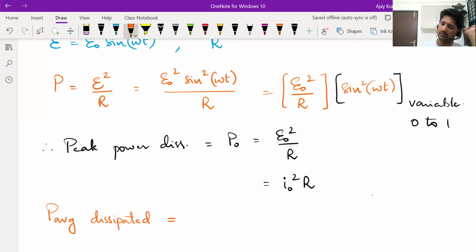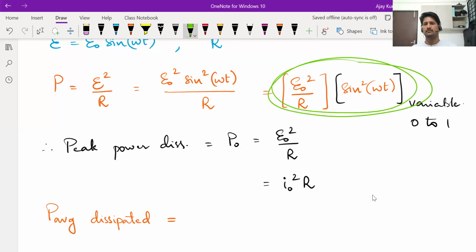Can one of you tell me the average value of this function? There's a constant term and a variable term.